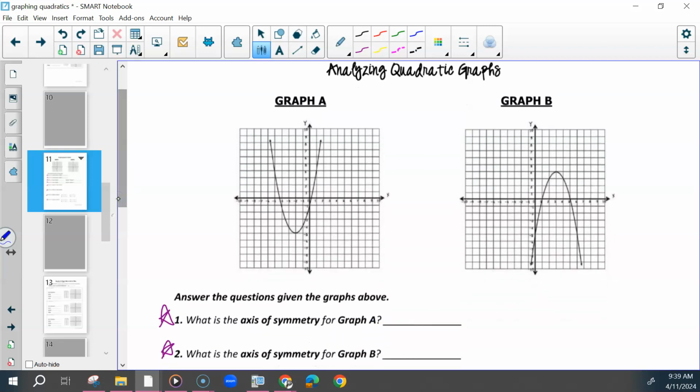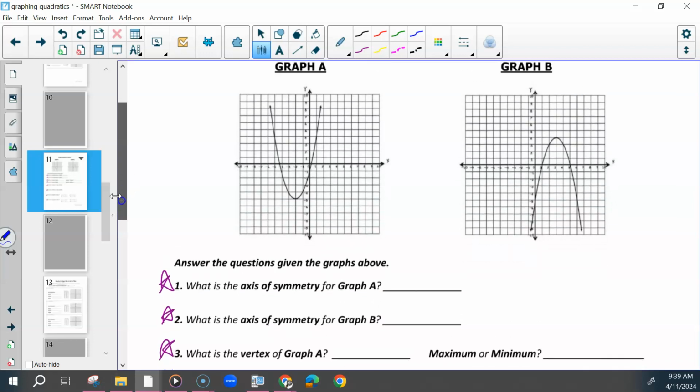Not only should you be able to find those characteristics from graphing it from the equation, but also vice versa. So you have two graphs here. We're just going to compare them.